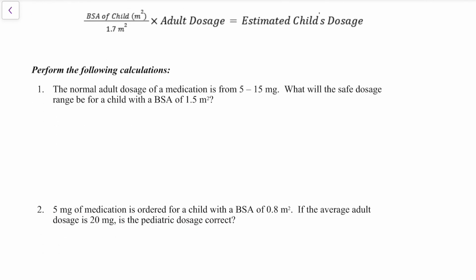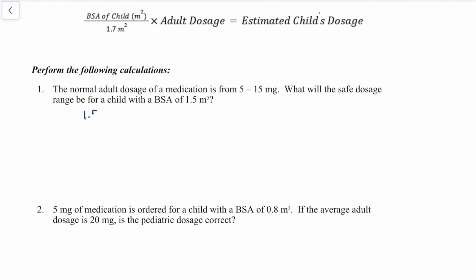So for example, the normal adult dosage range of a medication is 5 to 15 milligrams. What is the safe dosage range for a child with a body surface area of 1.5 meters squared? So I'm going to do the low end of the range and the high end of the range. So we'll have to do the formula twice.